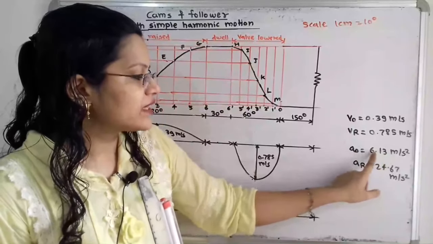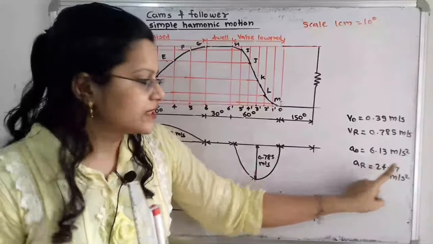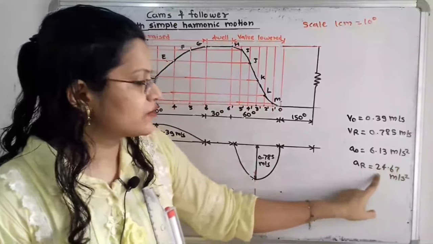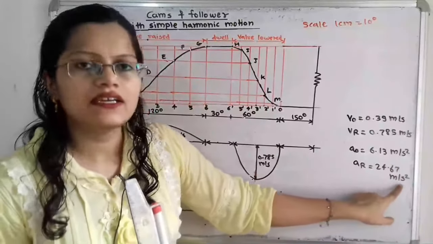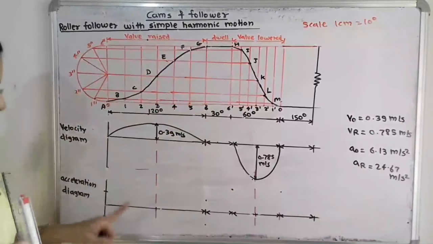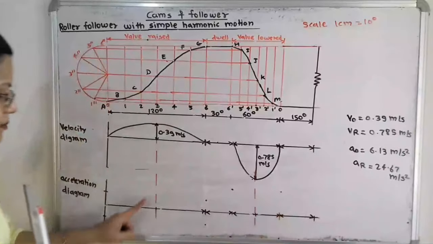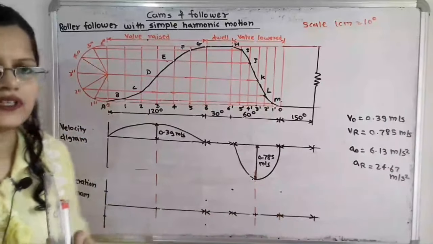That is, for 6.13 we will take 3.06, and for 24.67 we will take 12.33. So here we take the scale equal to half, and the outstroke is marked, the return stroke is also marked, and these are the middle points.